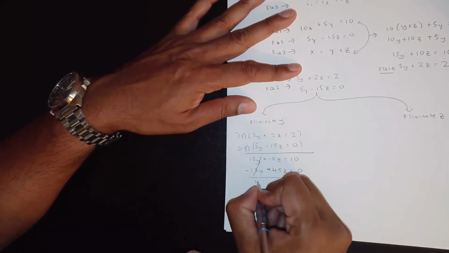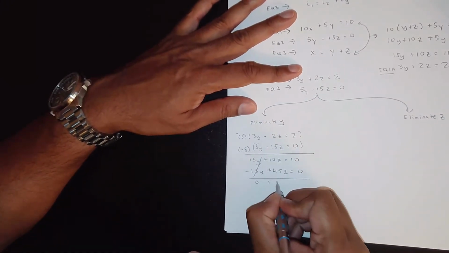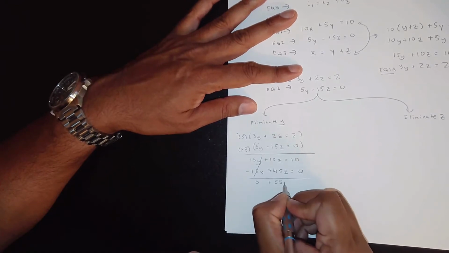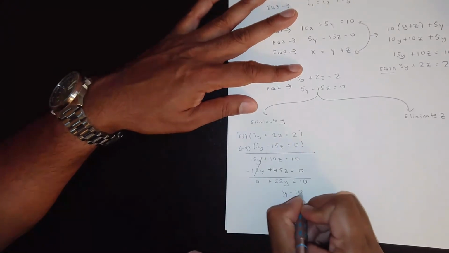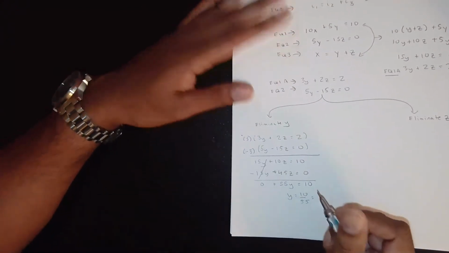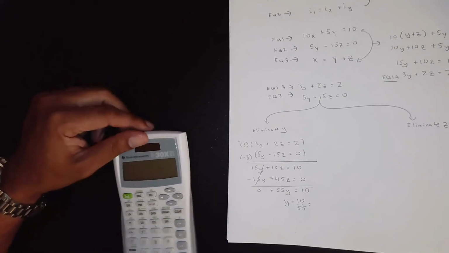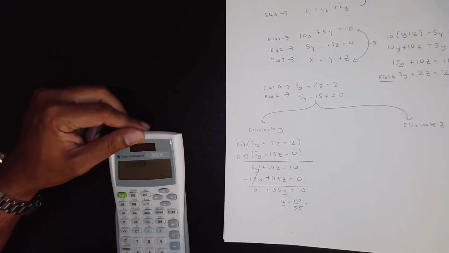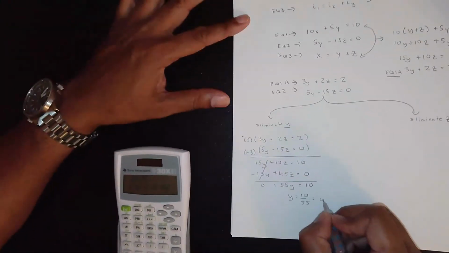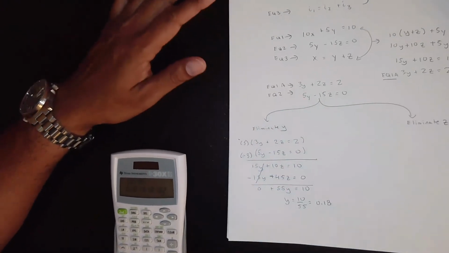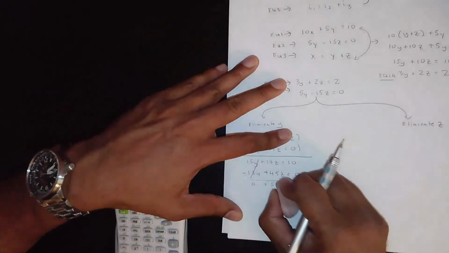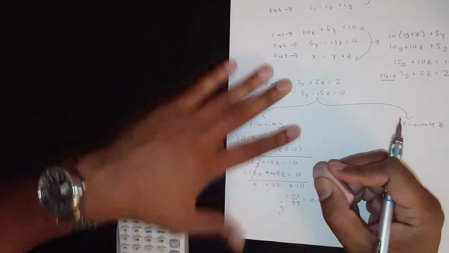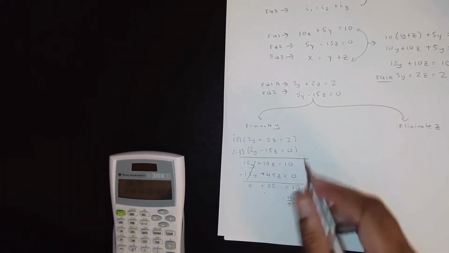So this comes out to 0, and this comes out to 55z. This is equal to 10. Okay, z is 10 over 55. I have no idea what that number is, so I'm going to look at the calculator. 10 divided by 55 is 0.18. So let's go 0.18. Now that I eliminated the y, I'm sorry, I eliminated z. This is wrong. I'm sorry. This is supposed to be z. So change that right here. This is supposed to be z.